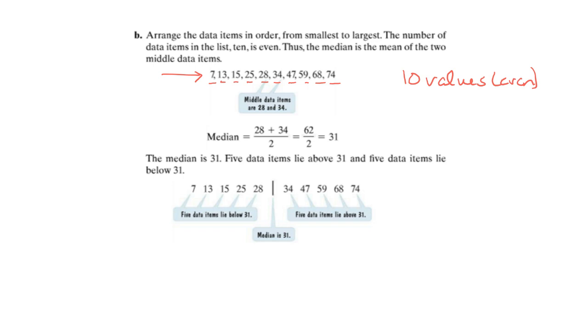So the two middle numbers are going to be 28 and 34. We add those two together, divide by 2, and we come out with 31. So our median for the second data set is going to be 31.